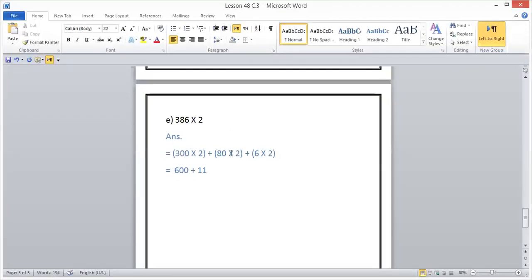Then 160 plus 600. Listen, you have to multiply 6 also. You forgot to multiply 6. Okay, wait. 6 multiplied by 2 equals 12. That's good.